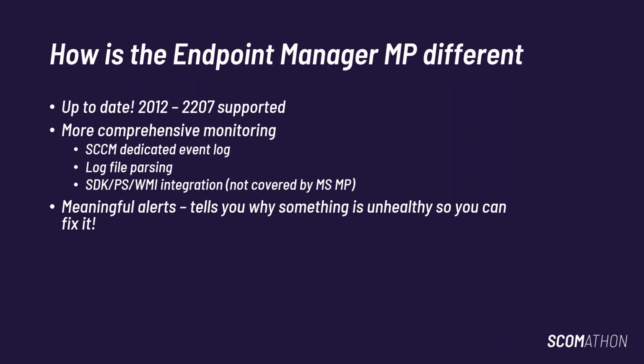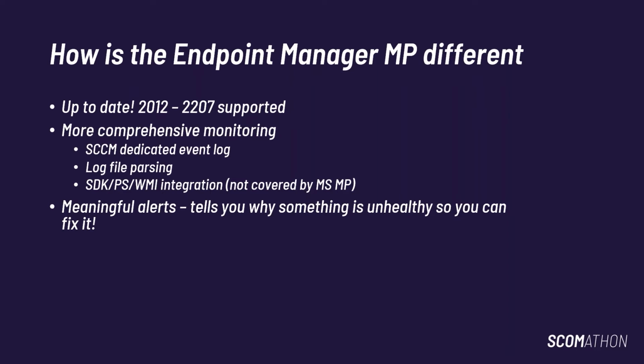In the old management pack, you might get a notification that says this particular site component role might be having an issue, or something might be wrong with the management point. Now, we could probably think that there might be a client communication issue, but we don't necessarily know that for sure until we jump on SCCM. So it's good to actually have something that says, well, there is something absolutely wrong with this. Have a look, check it out.